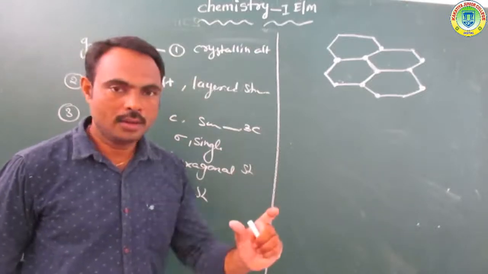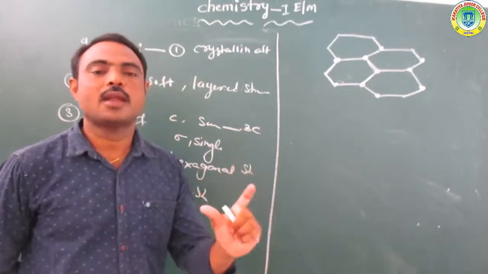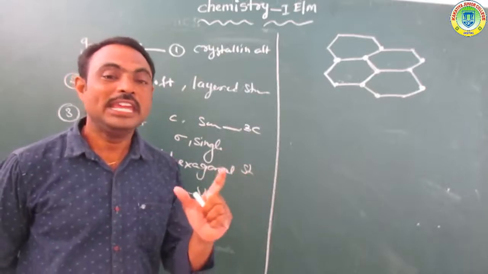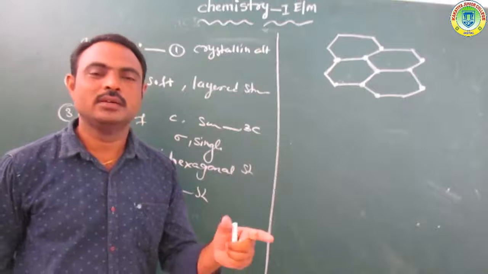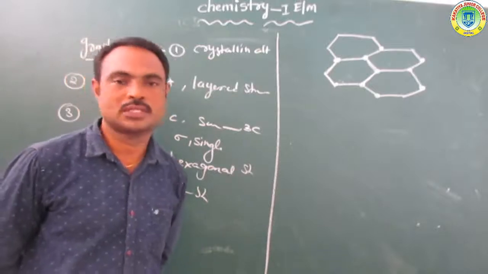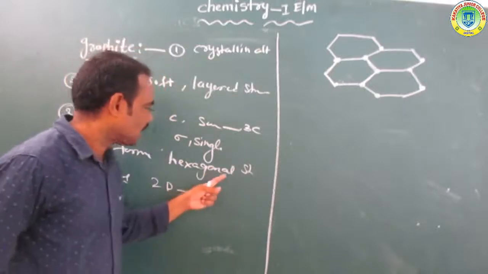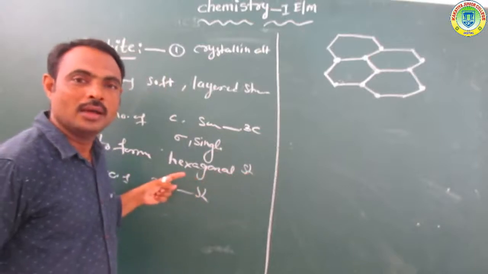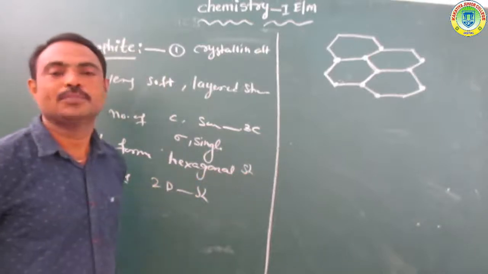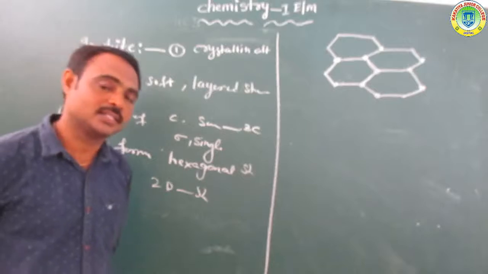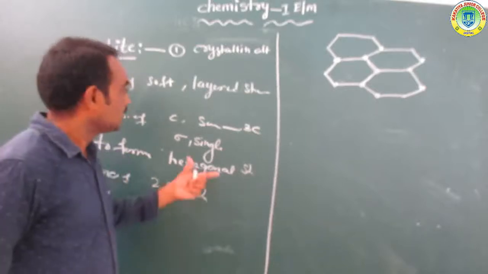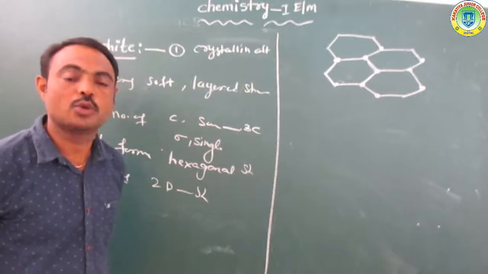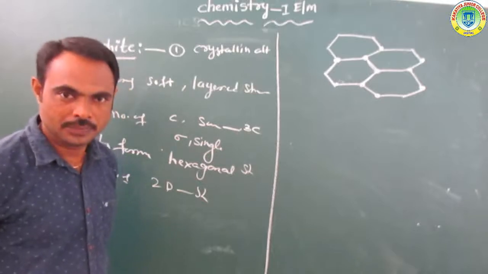Each carbon atom is attached to the surrounding 3 carbon atoms with sigma bonds to form hexagonal structures, so the structure is called a 2D or two-dimensional structure.